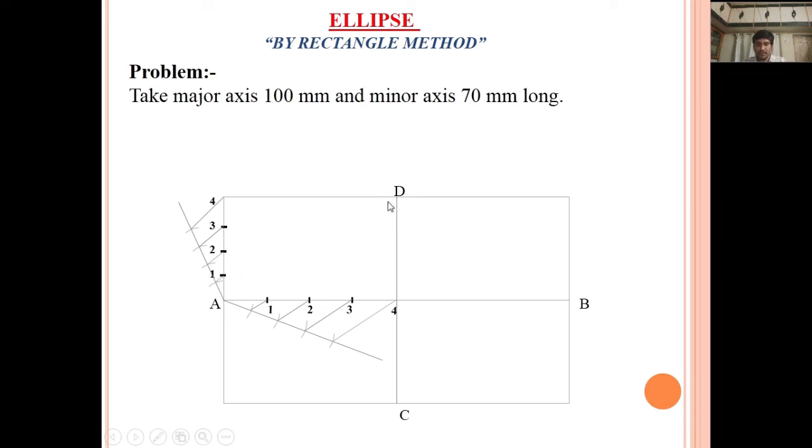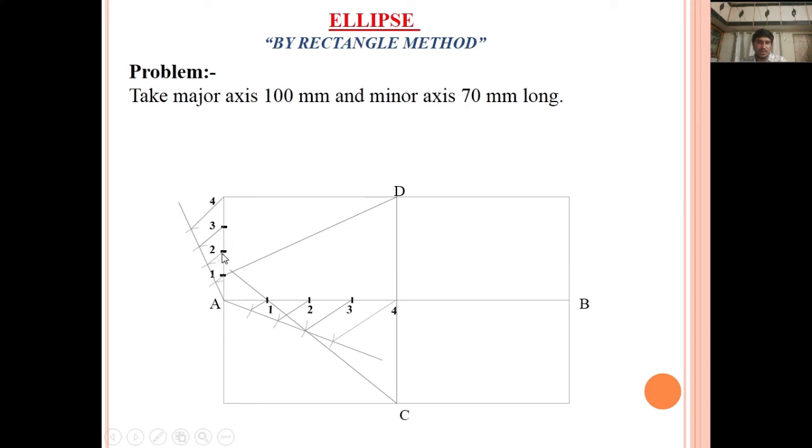Now, last, to get all the required points for the ellipse, draw a line from point 1 to point D. Draw a line from point 1 to point D, and draw a line from point C through point A, which intersects the 1 to D line like this. Same procedure for all points 2, 3 and 4.